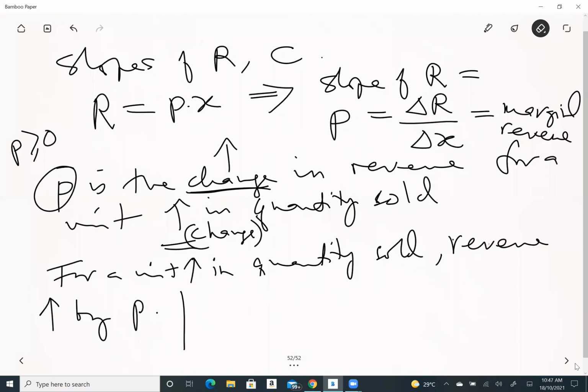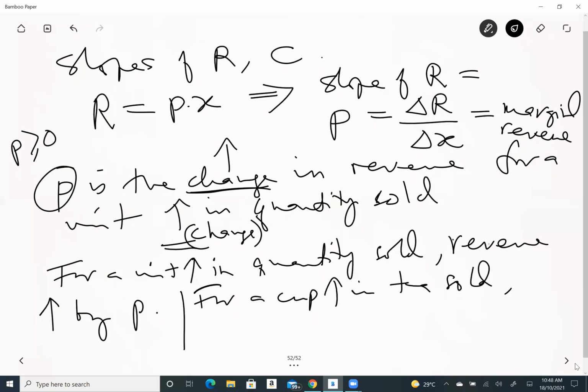So for a cup increase in tea sold, what about revenue? Revenue will increase by how much? By RM 1.2. So you sell another cup of tea, your revenue will go up by 1.2 ringgit.